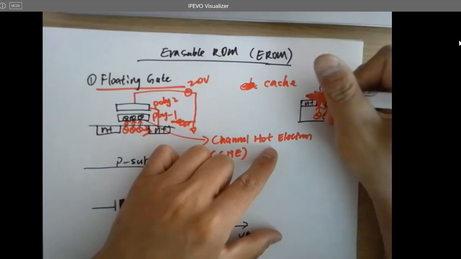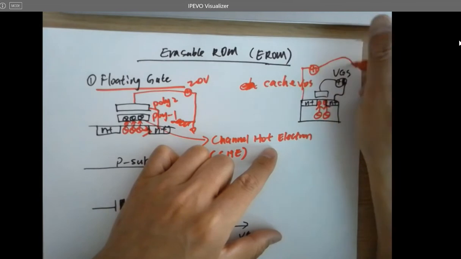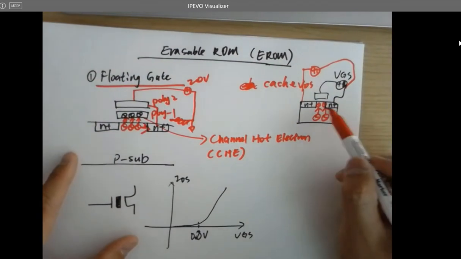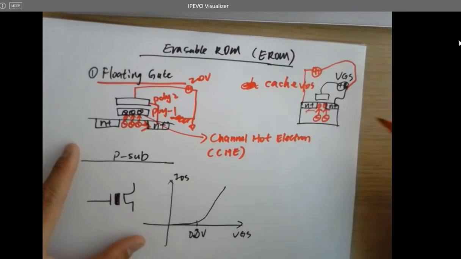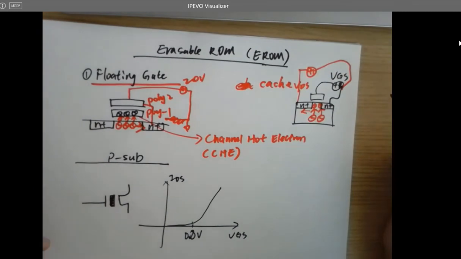And whenever you give a VDS, it provides a pressure, and it's going to pump these electrons in that direction. So you get a current flow. That's how the NMOS works. In order to create a channel, you need to invert that area first, to create an electron channel.